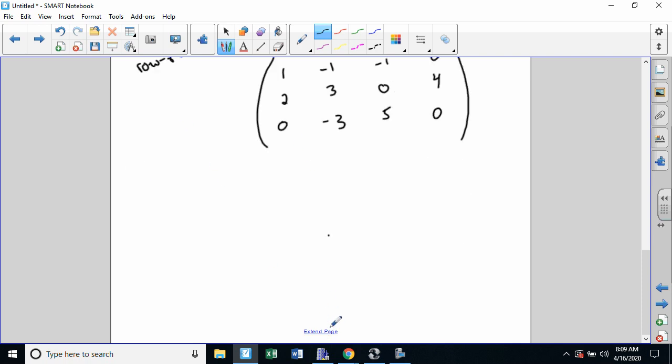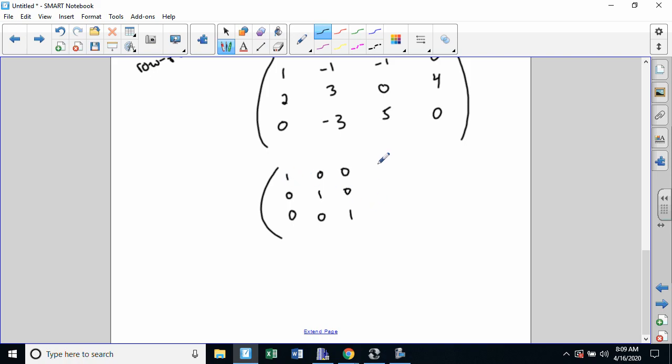And what that's going to do is it's going to play around algebraically with this matrix until it can make this matrix look like the following: 1, 0, 0, 0, 1, 0, 0, 0, 1. So right down the diagonal, you should have ones.